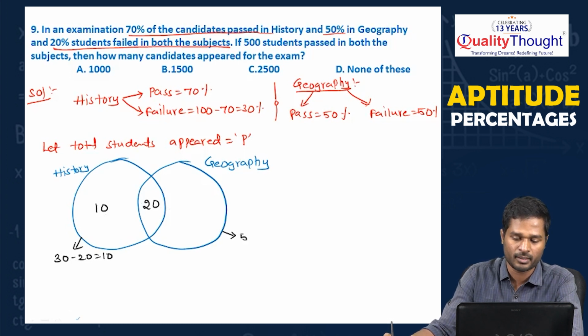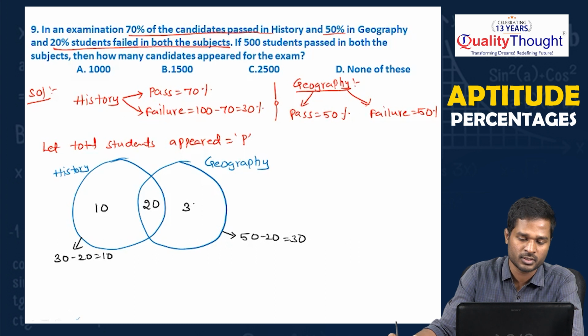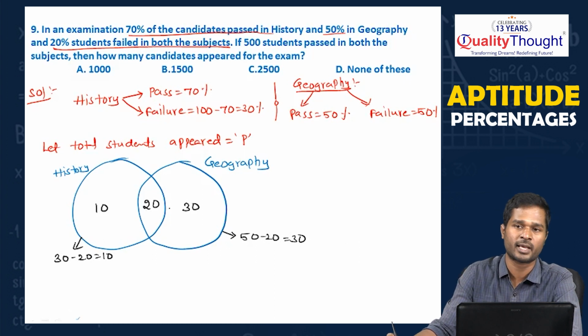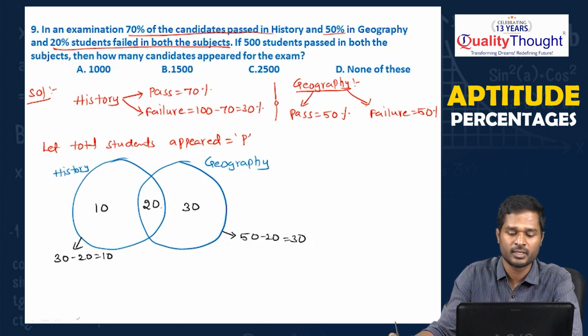So, 50 minus 20 equals 30. Now, check the diagram carefully. The diagram shows 10% of the students failed only in history, 30% failed only in geography, and 20% failed in both the subjects.